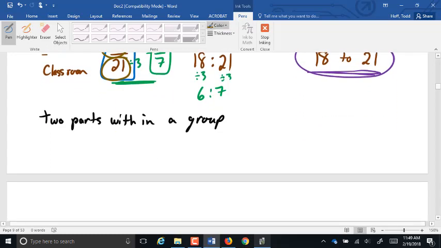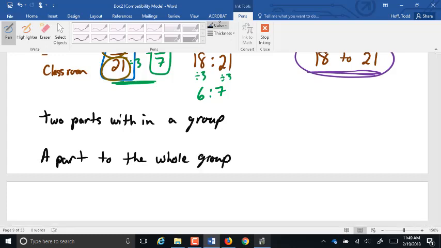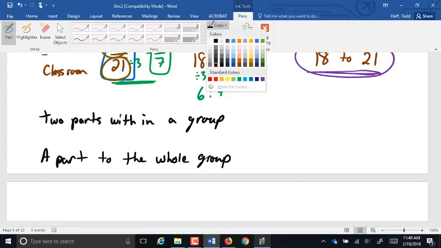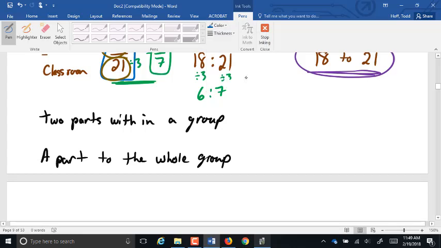Well, the second comparison that can be made is a part of a group to the whole group. So instead of comparing my network students to my in-class students, I could have said what ratio of my network students is to all of my students.